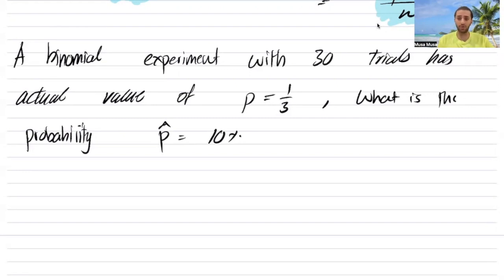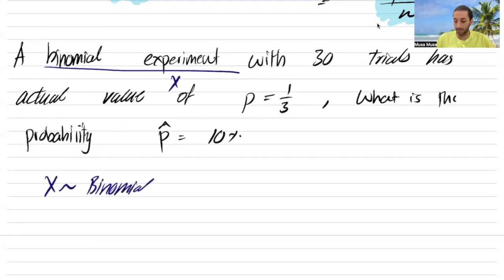But our sample proportion is directly connected to our binomial distribution. Like you can tell here that this binomial experiment, we can give it x. X is a binomial, and it has 30 trials, and then it has a probability of success being a third.